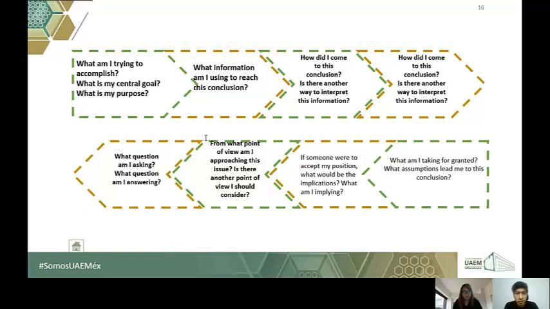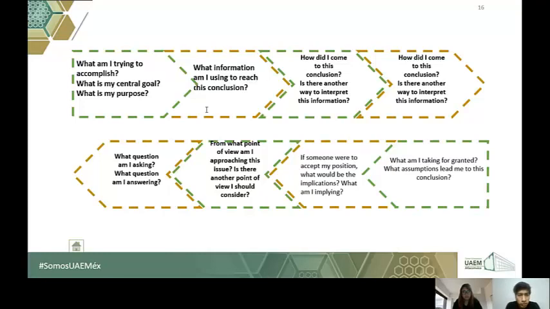For inference and conclusion, we must ask ourselves how we arrived at these conclusions or if there is another way to interpret this information. For analyzing concepts, we must ask ourselves what the central ideas are and whether I can explain this idea.